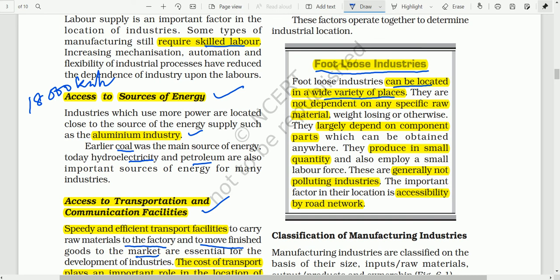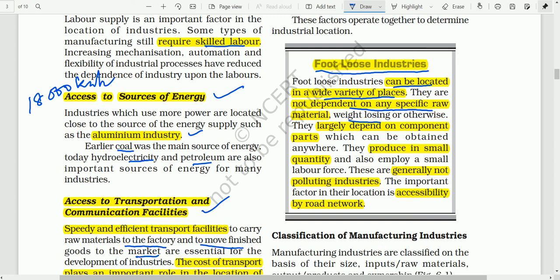These footloose industries are not dependent on any specific raw material, maybe weight-losing or non-weight-losing. They largely depend on the component parts which can be obtained from anywhere.